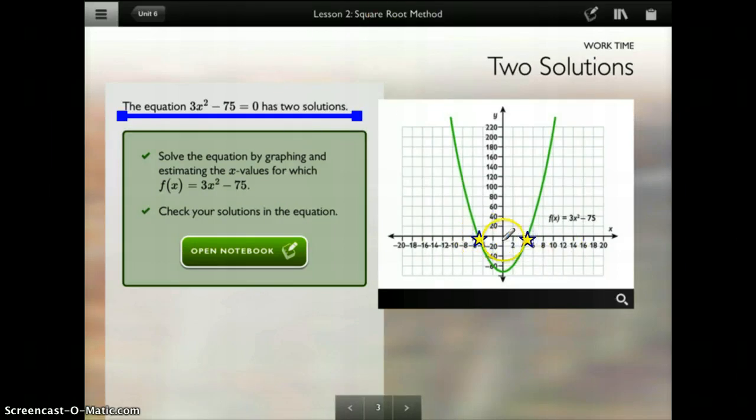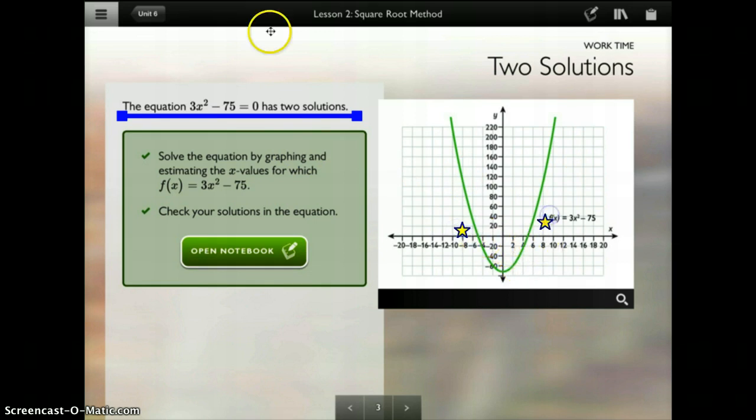Now looking at this, it looks like somewhere between 4 and 6. I'm going to guess 5, but we're actually going to learn today how to find those numbers exactly. Okay, so I'm going to show you what it looks like. It says solve the equation by graphing, so it's already graphed for you, and estimating the x values for 3x squared minus 75.